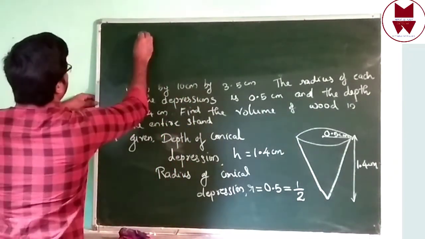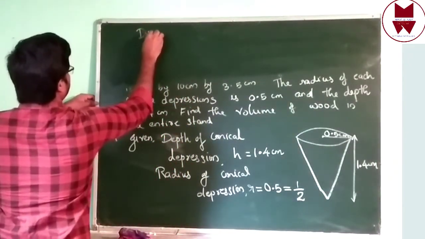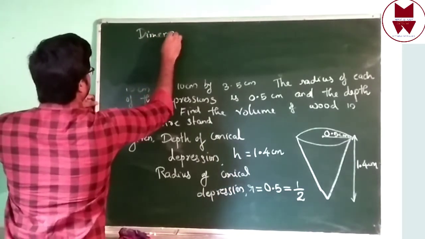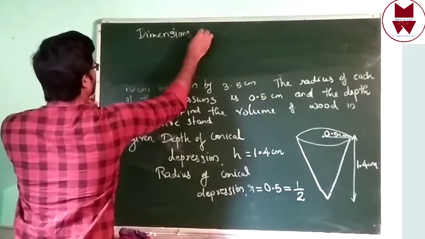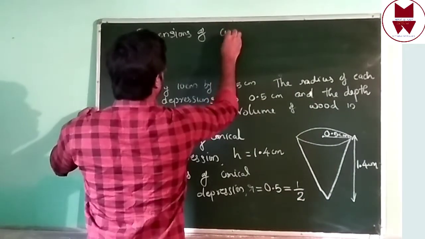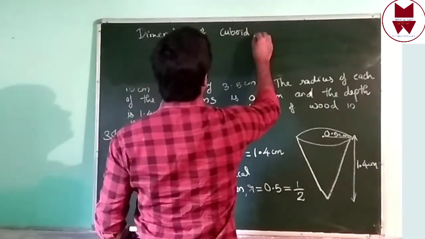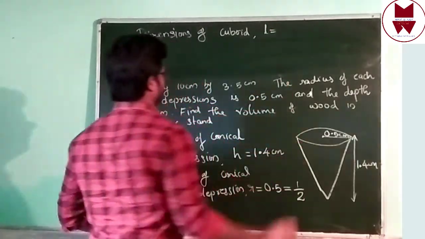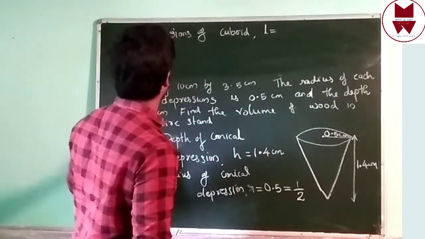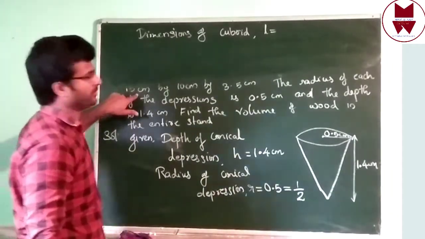Then the dimensions of the cuboid. Length equal to how much is given in the question? Length is 15 centimeter.